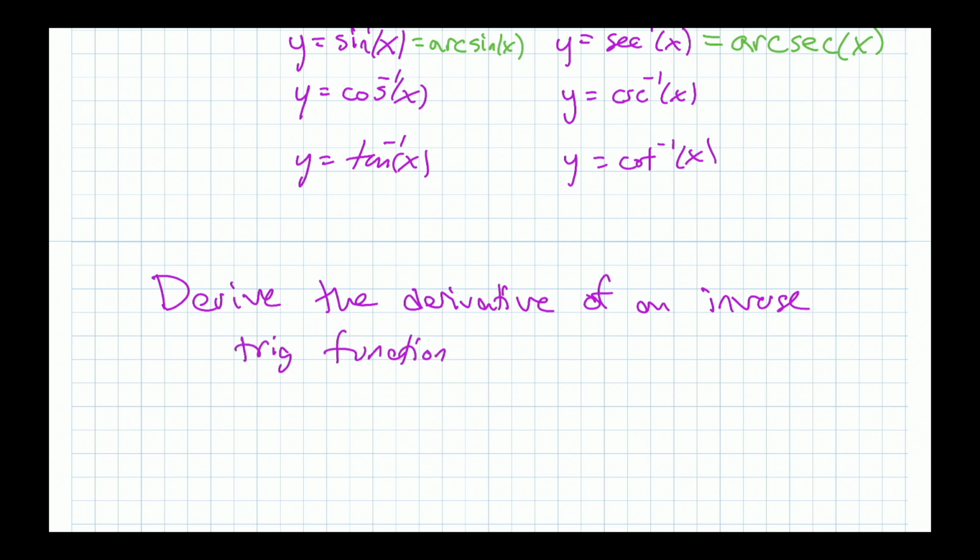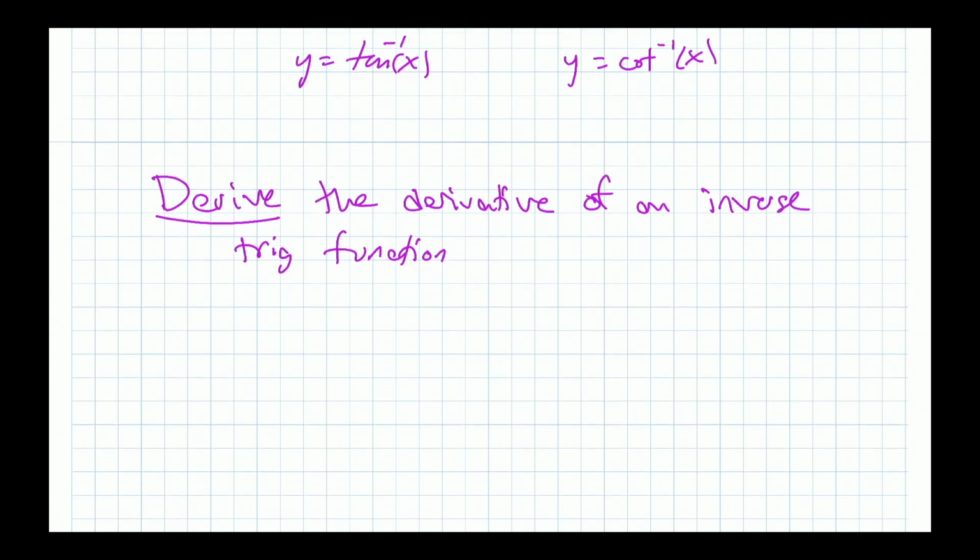We're going to do the math to come up with it. Now there are 6 of them. We're not going to do 6. We're only going to do 1, but all of the steps are the same. All right, so let's do the sine as our example.